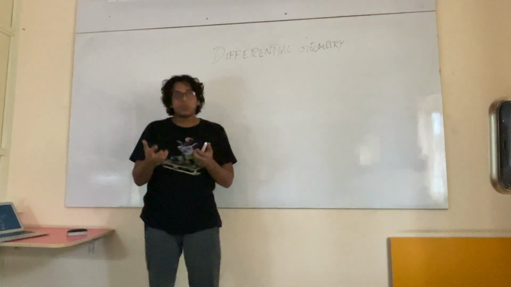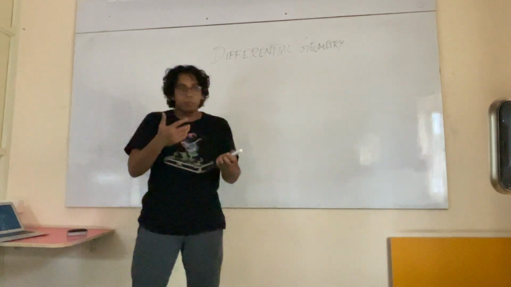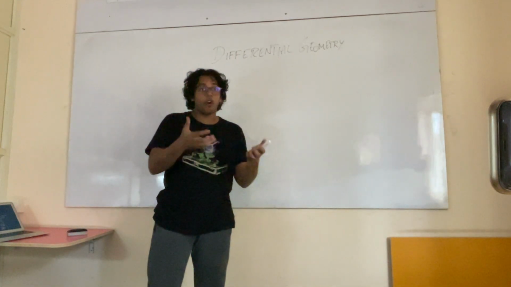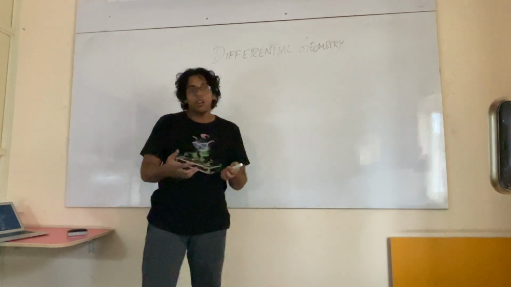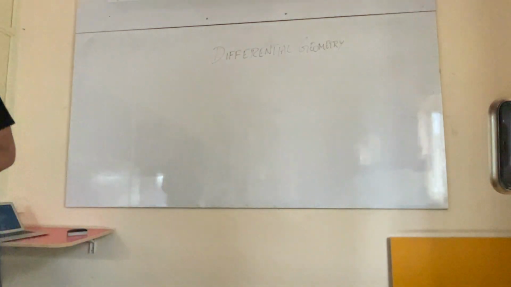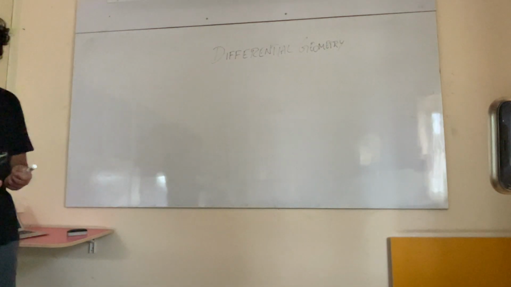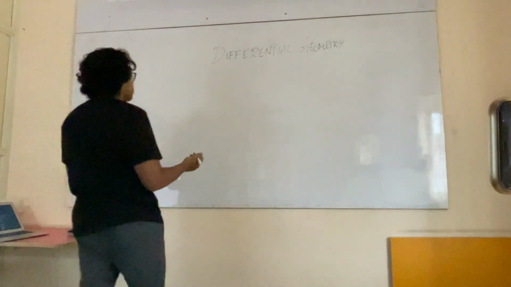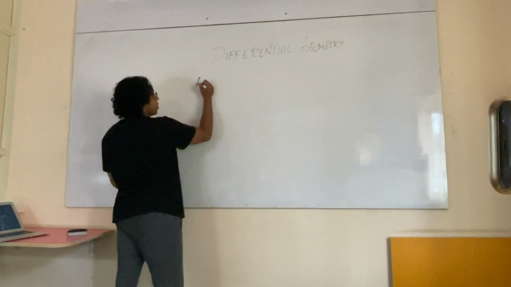So for example, the strong conditions that I'm talking about, for example, the Lie derivative along an axis of symmetry is 0.